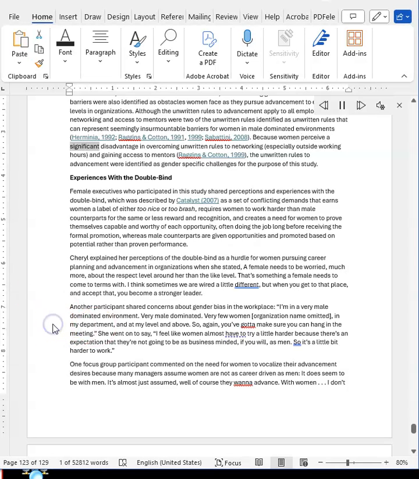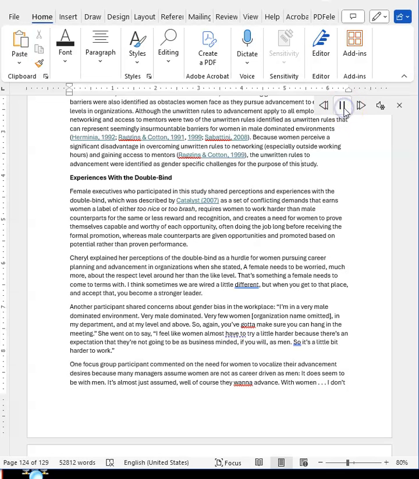Women perceive a significant disadvantage in overcoming unwritten rules to networking, especially outside working hours, and gaining access to mentors. Ragins and Cotton, 1999. The unwritten rules to advancement were identified as gender-specific challenges for the purpose of this study.